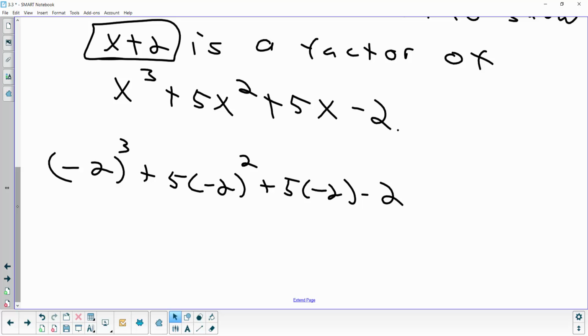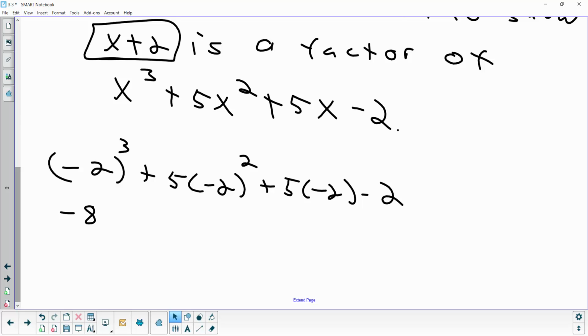Yeah. Oh, 8. What's negative 2 times negative 2? Positive 4. Times negative 2. Oh, negative 8. So we get negative 8.